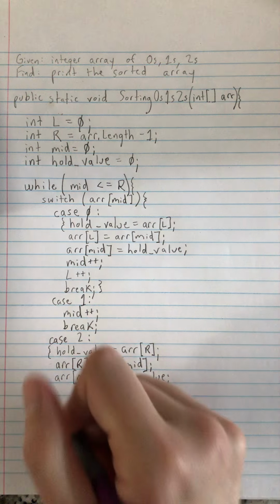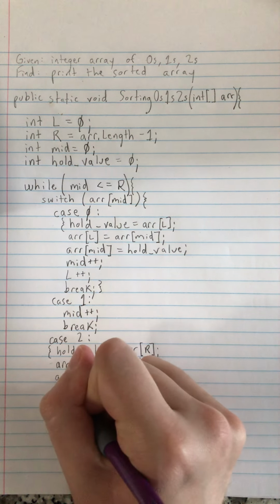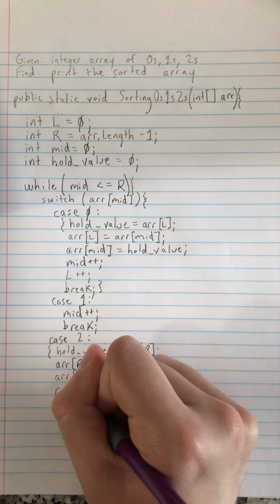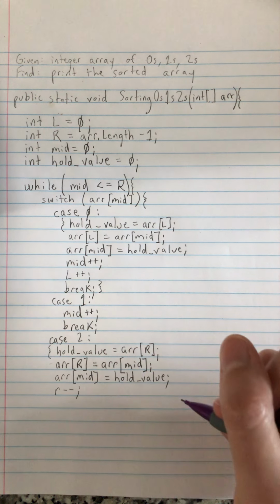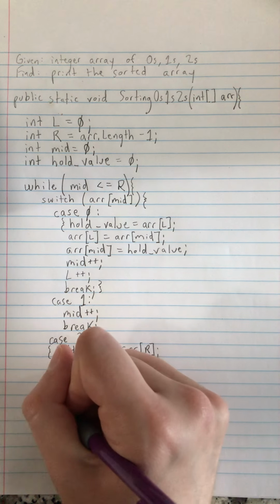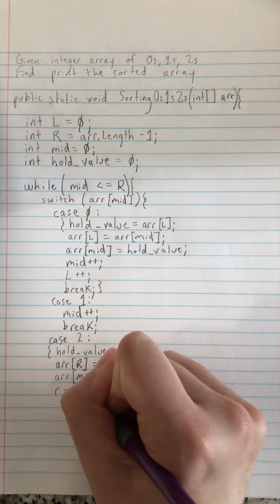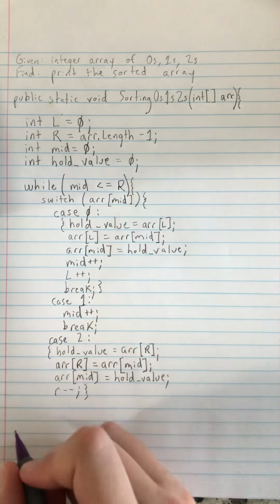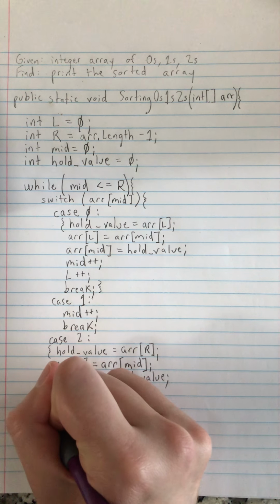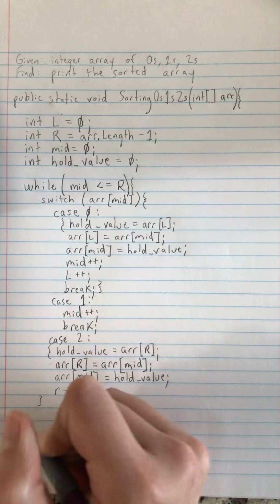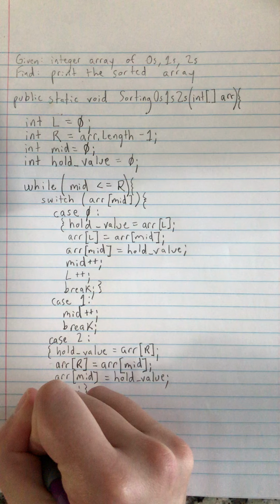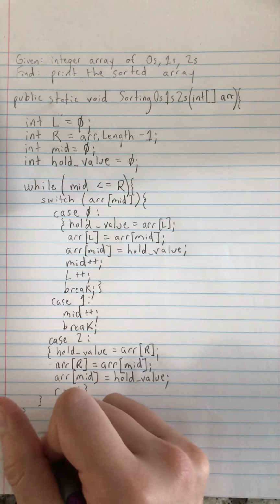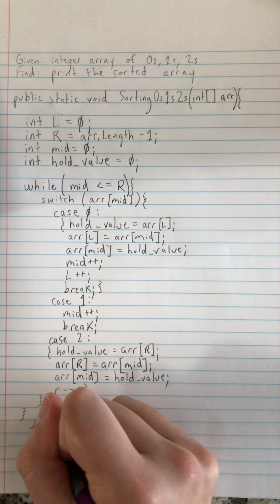Now we're going to decrement R and move away from that 2 that's all the way on the right hand side. That would have already been sorted. Let's close this case. We're going to close the switch statement and close the while loop. Now our array will be sorted, so we'll just print all the elements in the array.